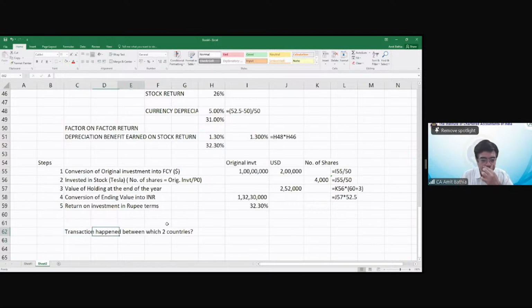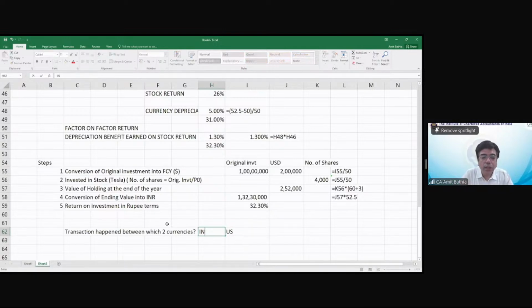India and US. Okay. Let me put it the other way around: instead of which two countries, let me make it which two currencies. So it is India and US, right?